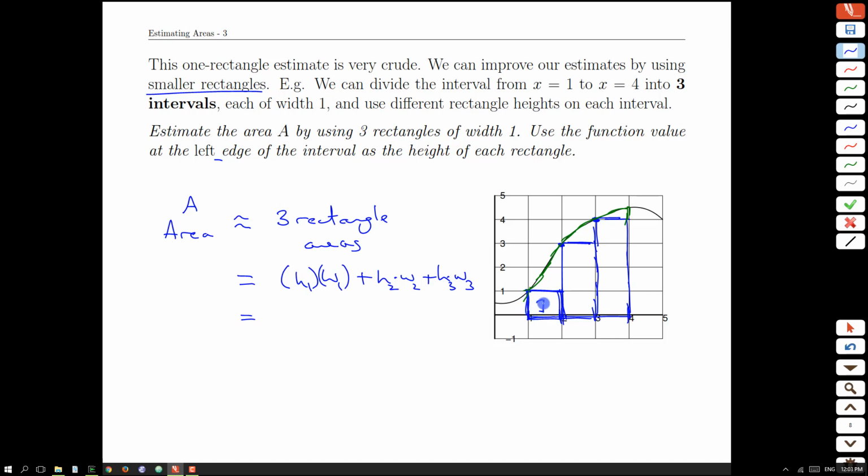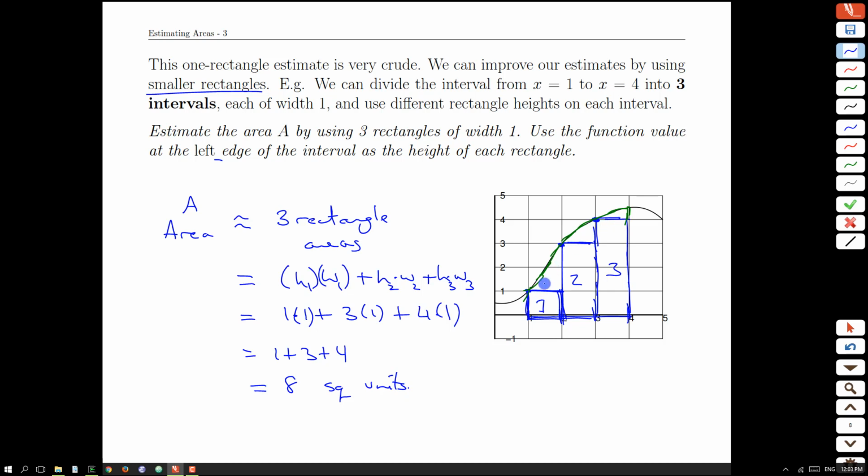In this first rectangle, the height is 1, and the width is 1 as well. On the second rectangle, the height is 3, and the width is 1. In the third rectangle, the height is 4, and the width is 1. Keep it consistent here. So that gives us 1 plus 3 plus 4, or 8 square units.